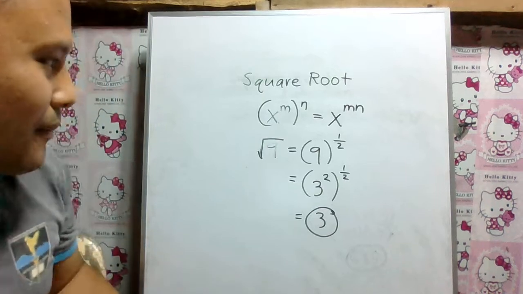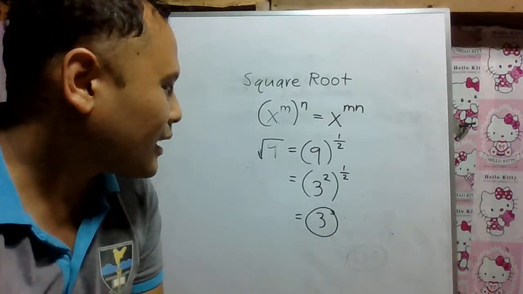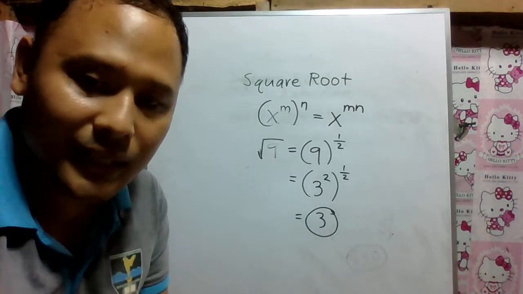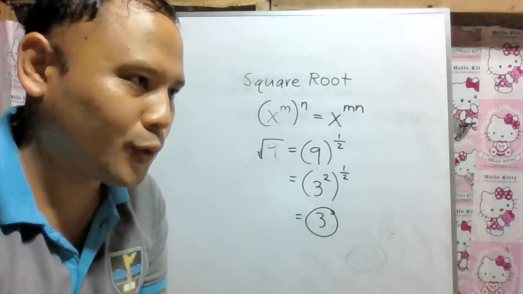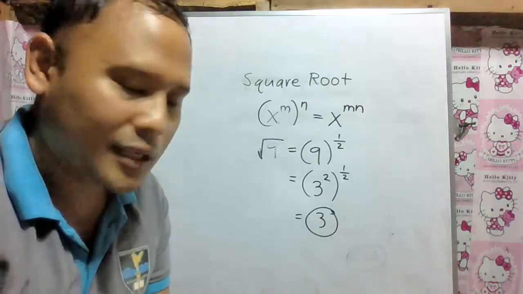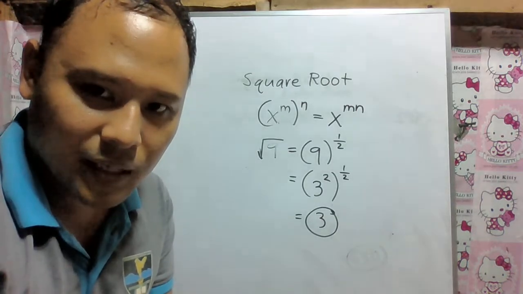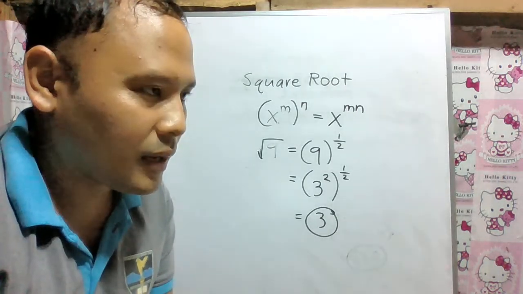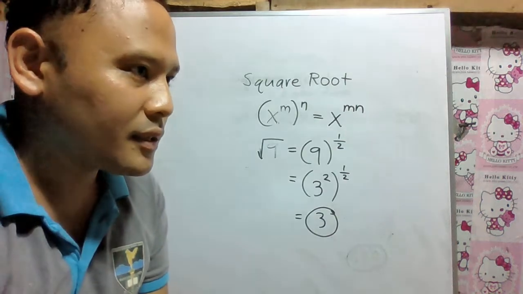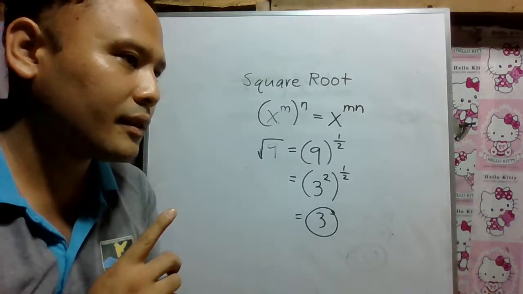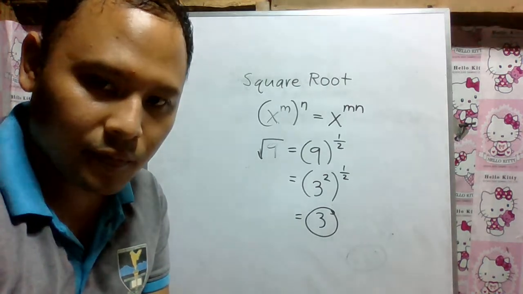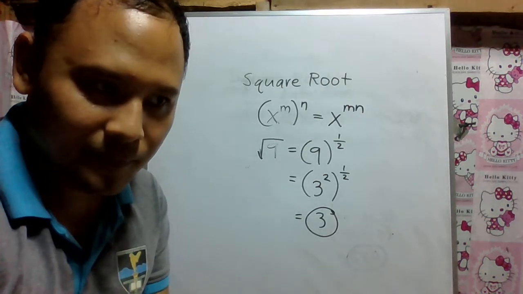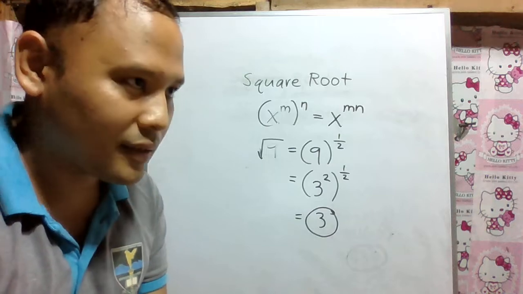So friends, thank you for listening my vlog today. I just want to share to you my knowledge about the square root. Square root means finding the number a that should be multiplied twice by itself to get letter n, because square root of n is equal to a.